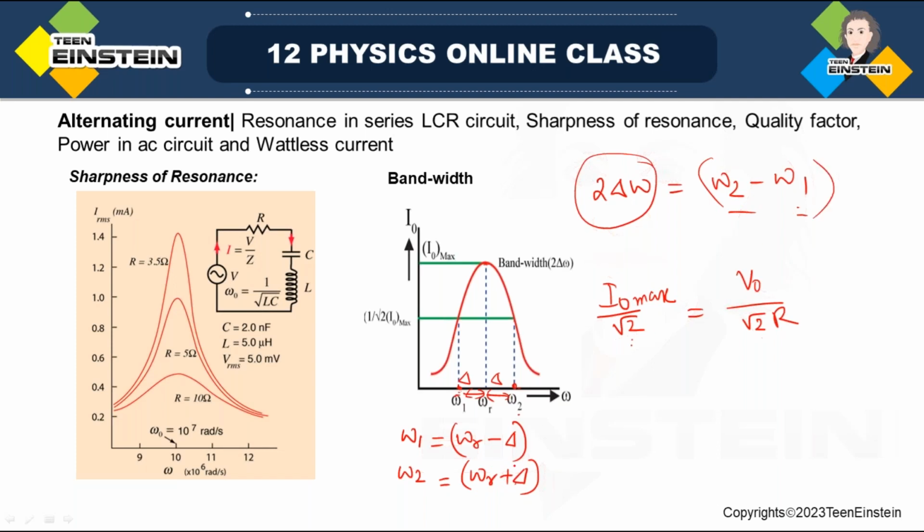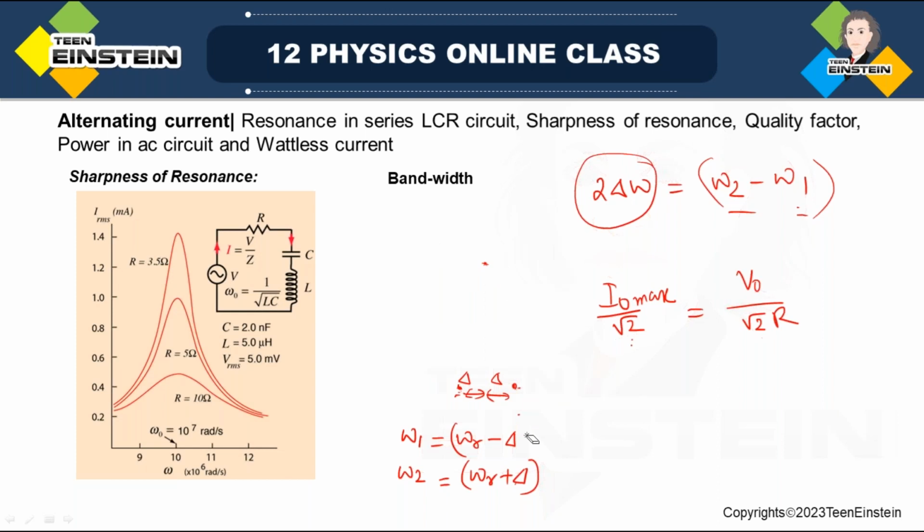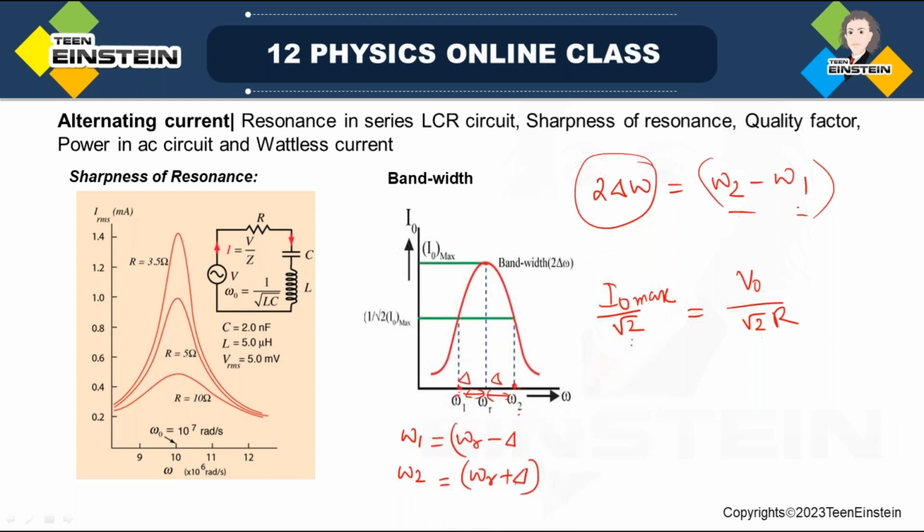Sorry, this is delta omega. So this difference will be 2 delta omega, which is actually the bandwidth.